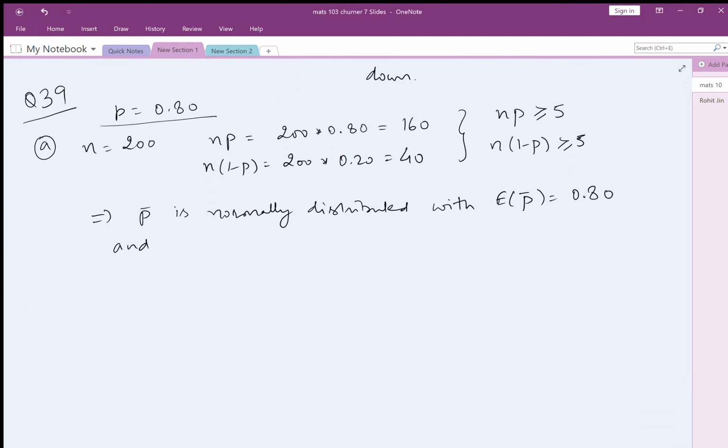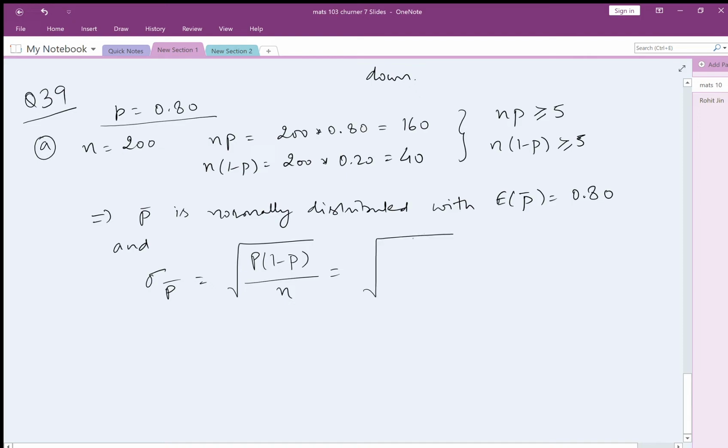The standard error sigma p bar is equal to the square root of p times 1 minus p divided by n. So 0.80 times 1 minus 0.80 divided by 200, the sample size. If you solve this, you get 0.0283. So again, p bar is normally distributed with the expected value equal to 0.80 and the standard error equal to 0.0283. Okay, let's go to part B.